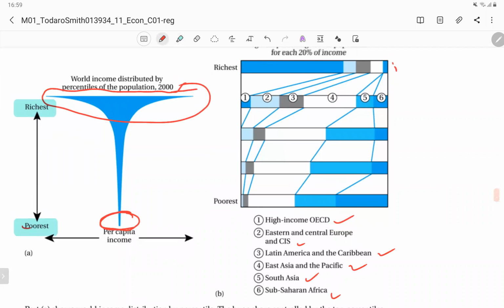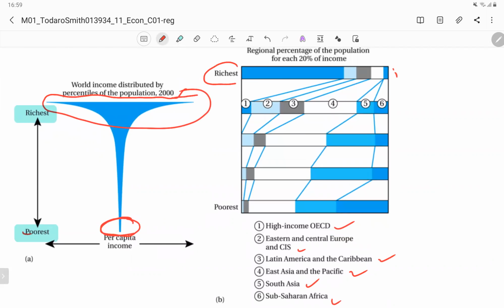You can see here that the richest population mostly lives in the high income OECD, which is number 1 here. And only a very small number of people from, for example, Sub-Saharan Africa, which is number 6, are in the rich population.